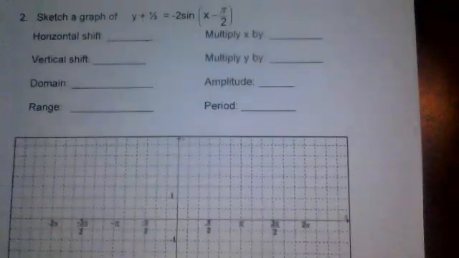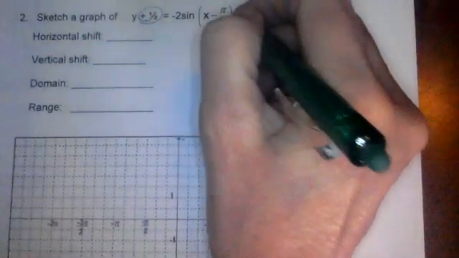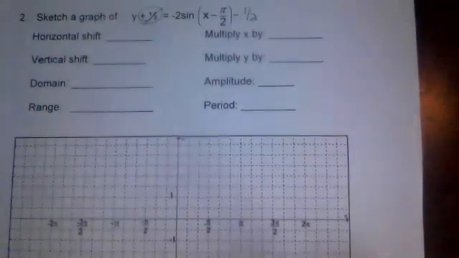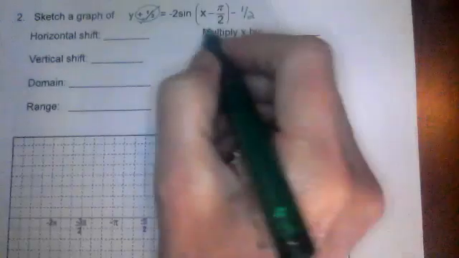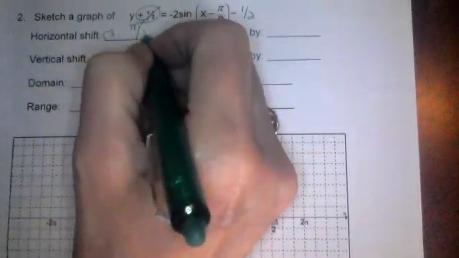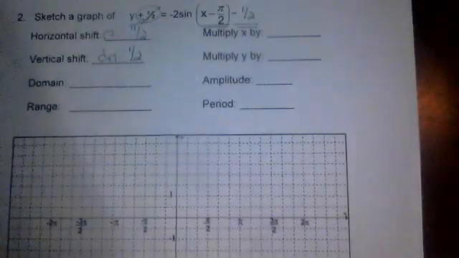Okay, so in our second example, we're going to go ahead and move this plus 1/2 out to the end, minus 1/2. And then we can see our horizontal shift. We're going to the right, pi over 2 units. Our vertical shift, we're going down 1/2 of a unit.